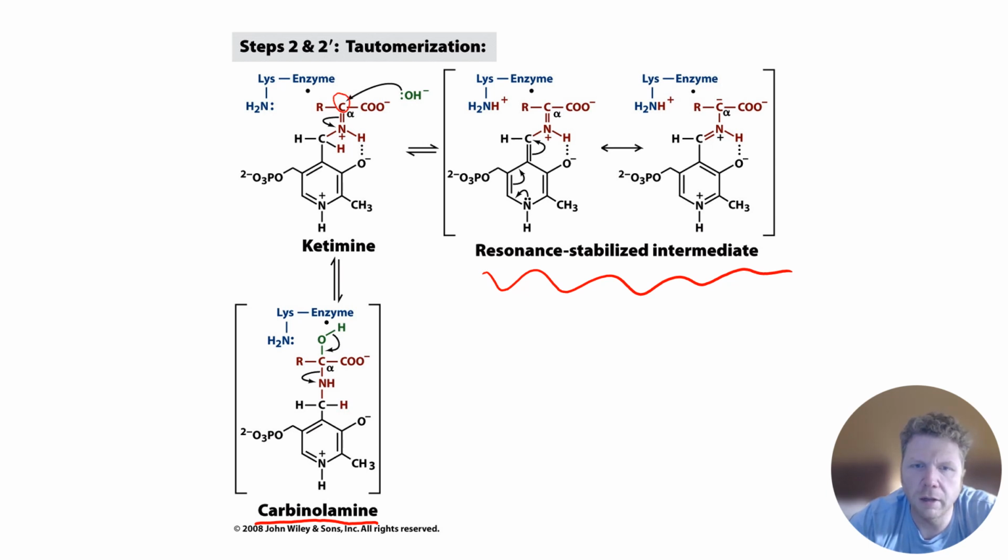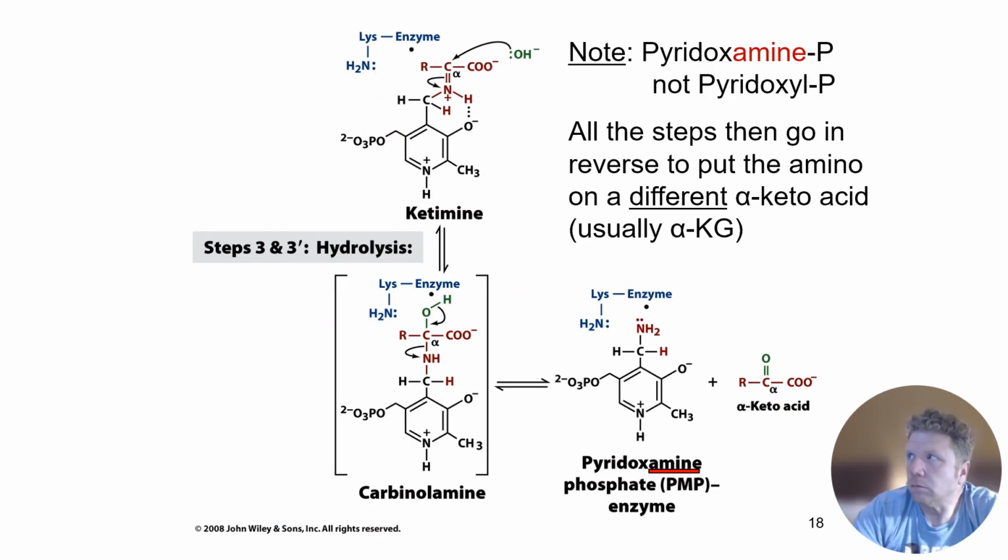In this intermediate, we're going to move those electrons down so that our nitrogen, which previously was positively charged, is no longer positively charged, giving it a lone pair of electrons. Then we have this carbanolamine, which is a little bit more linear. After this ketamine and carbanolamine, we want to release this amino acid, or what remains of our amino acid.